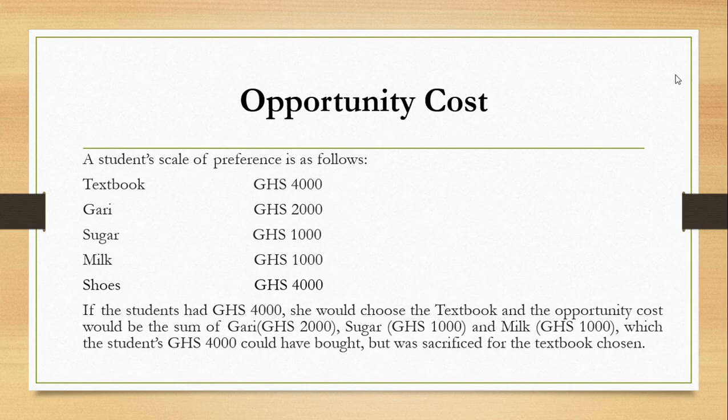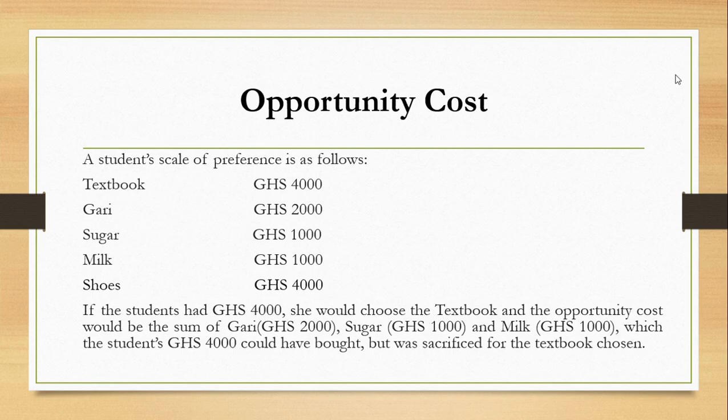the scale of preference. But the opportunity cost would not just be garri or sugar, it would be the sum of garri, which is 2,000 Ghana cedis, sugar, which is 1,000 Ghana cedis, and milk, which is 1,000 Ghana cedis, which the student's 4,000 Ghana cedis could have bought, but was sacrificed for the textbook chosen, as explained.